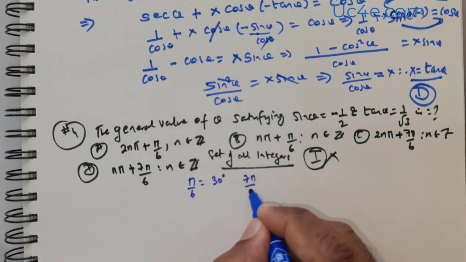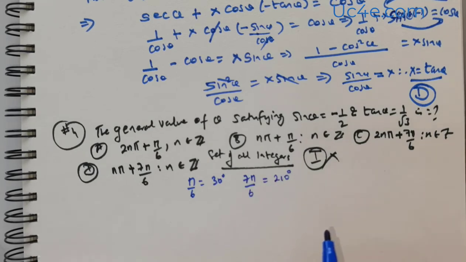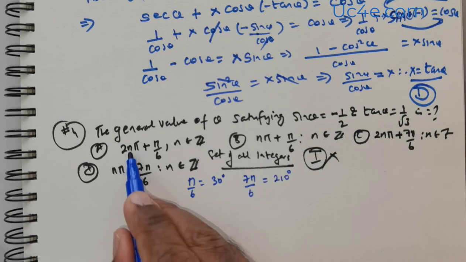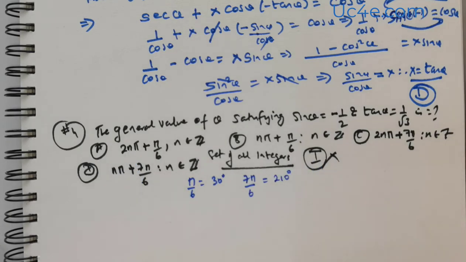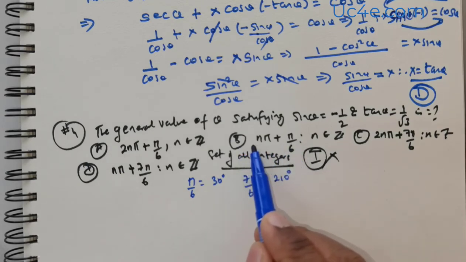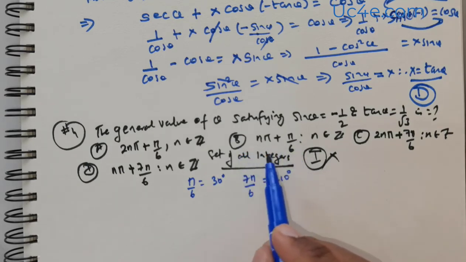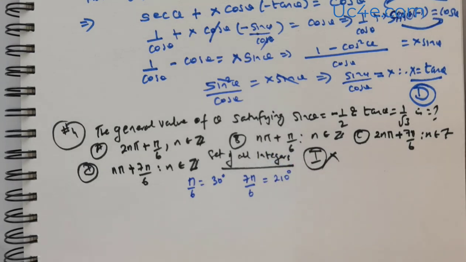And 7 pi over 6 stands for 210 degrees. Now you got n pi and 2n pi. Now you would be prompted to make a choice with this being one of the selections, n pi positive pi over 6, right? Now we will have to examine this first.